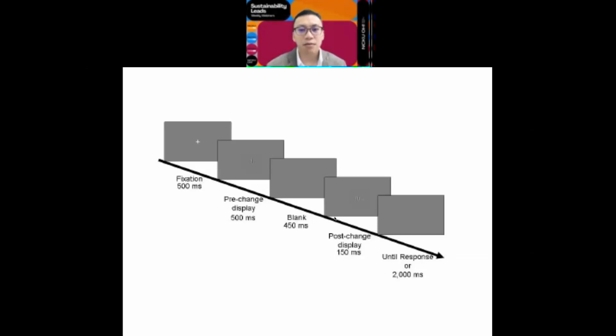And we can also have a target absence condition where no feature changes occur. According to this task design, we can make inferences about how people process these two feature changes for decision making.